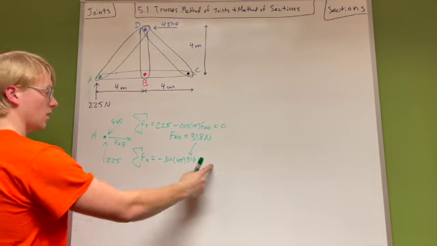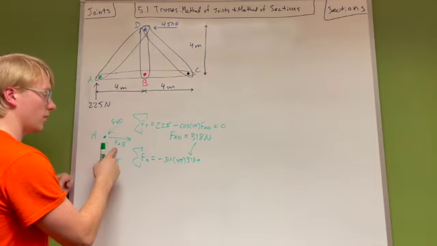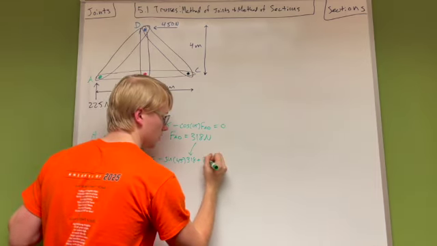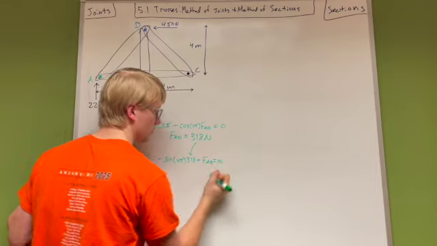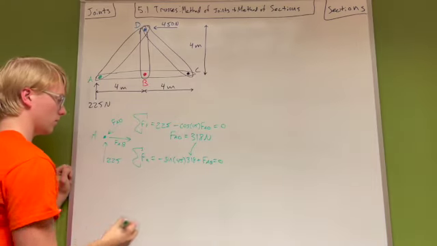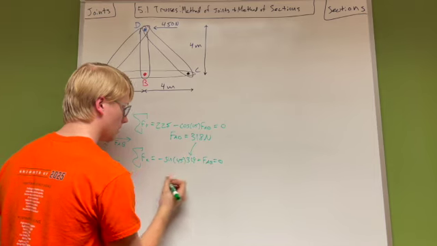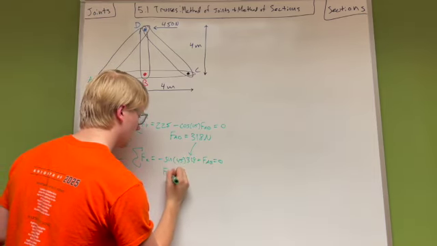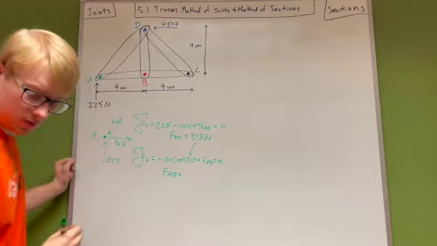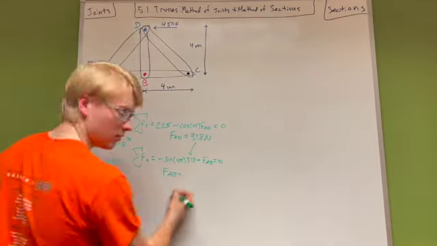The second term here is our FAB. Okay, and so when you solve that, your FAB equates to 225, I believe. Yeah.